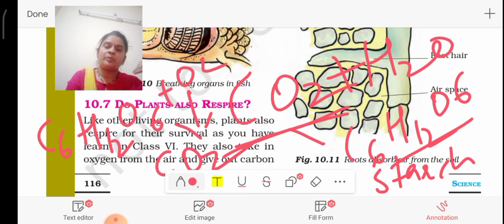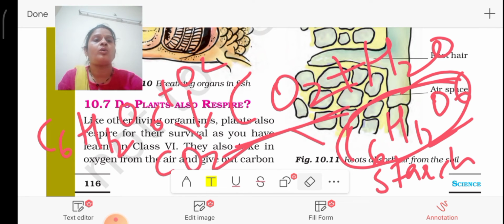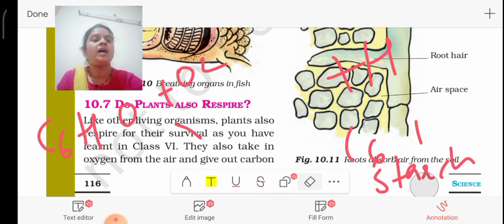In this process a lot of energy is released, which the plant uses for life processes. This process takes place at night, and in the daytime the plant performs photosynthesis with the help of sunlight and prepares the food, which at night they use for respiration. This is how respiration takes place in plants.